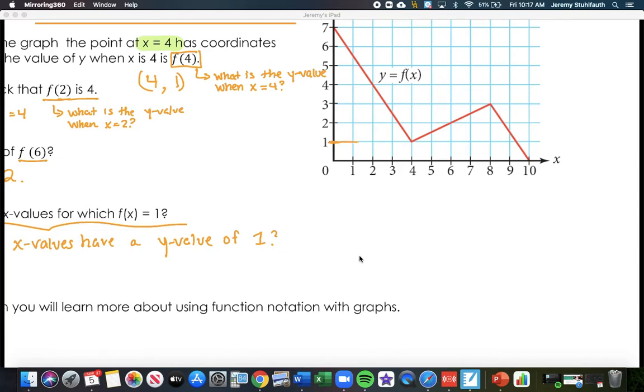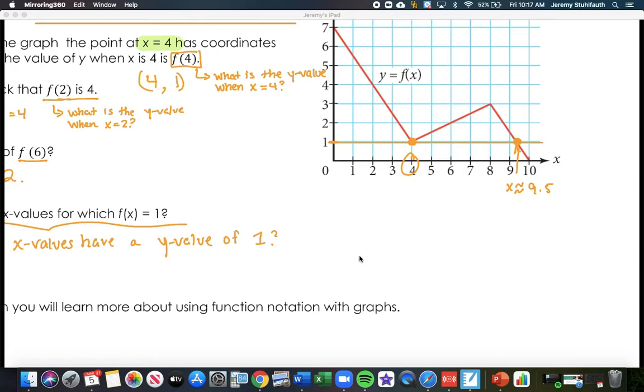If you draw a horizontal line through this graph of this function, you'll see that f(x) has a y value of 1 when x is 4 and when x is approximately 9.5.